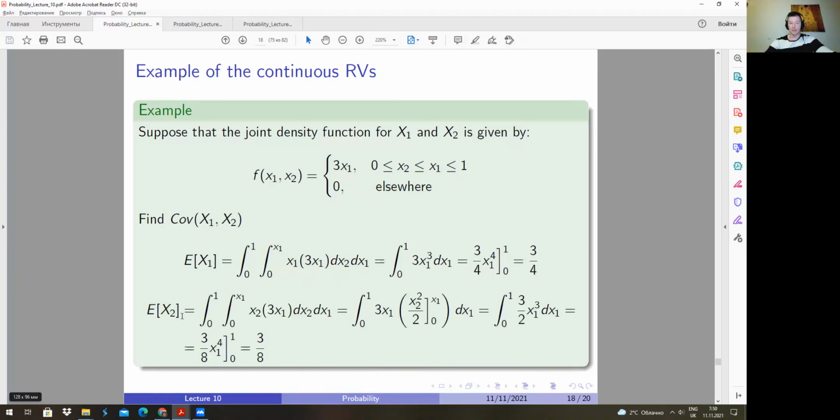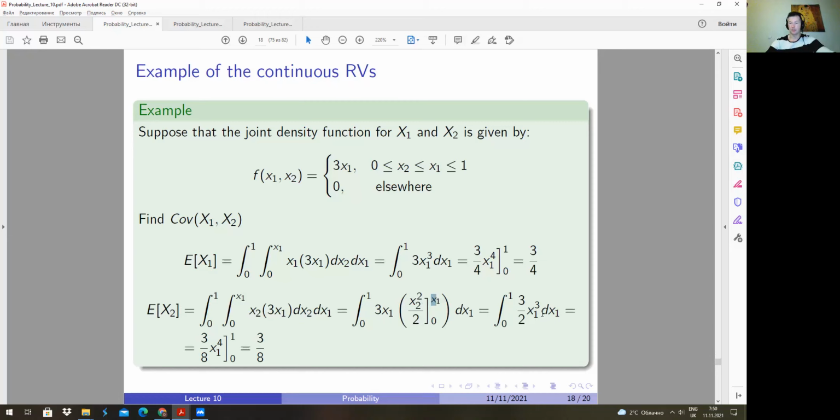Then the expected value of x2 is a bit more complicated calculation. Once again, we integrate with respect to x2, so 3x1 squared is just a constant here. The integral gives x2 squared over 2, evaluated from 0 to x1, so it's x1 squared over 2, and 3x1 squared over 2 gives me 3 over 2 x1 cubed.